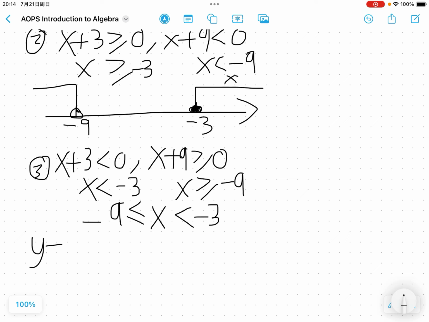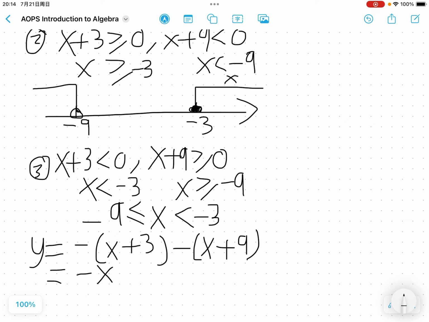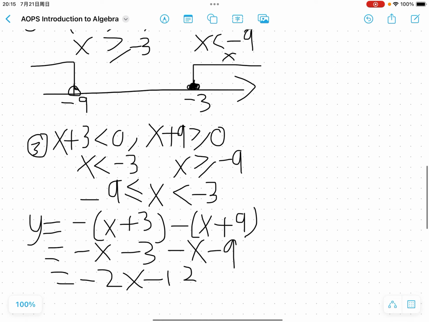In this case, we can simplify the function as y equals negative (x plus 3) minus (x plus 9). This gives us negative x minus 3 minus x minus 9, so we get negative 2x minus 12.